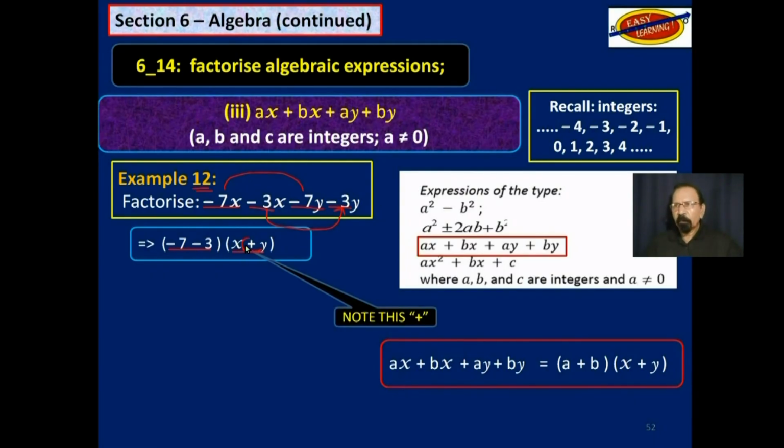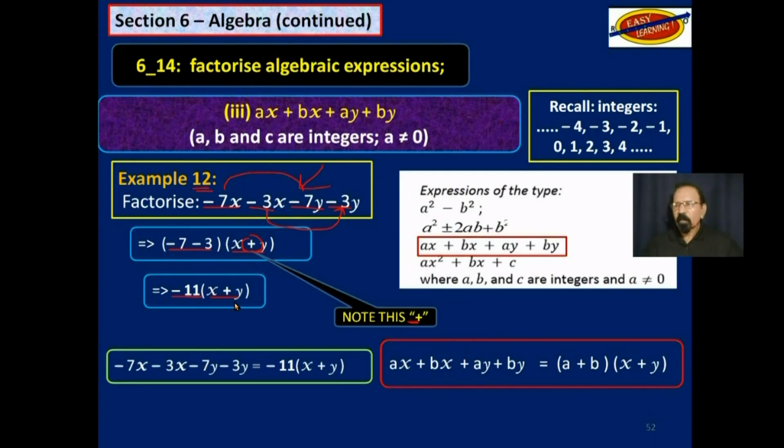Note this plus here, because you may think it should have been minus, but if you keep a minus here, when you expand this, you will not get back that. So that's negative 11 times x plus y. So if you had to factorize this, this is what you will get.